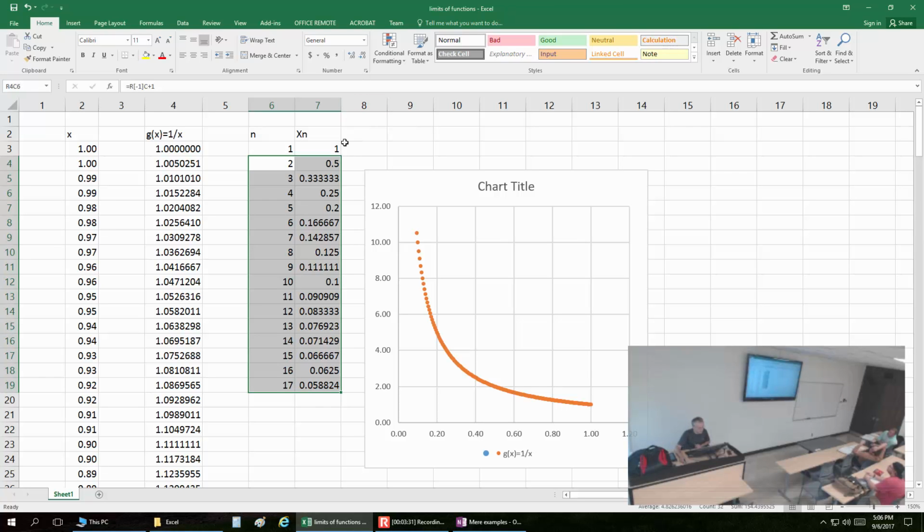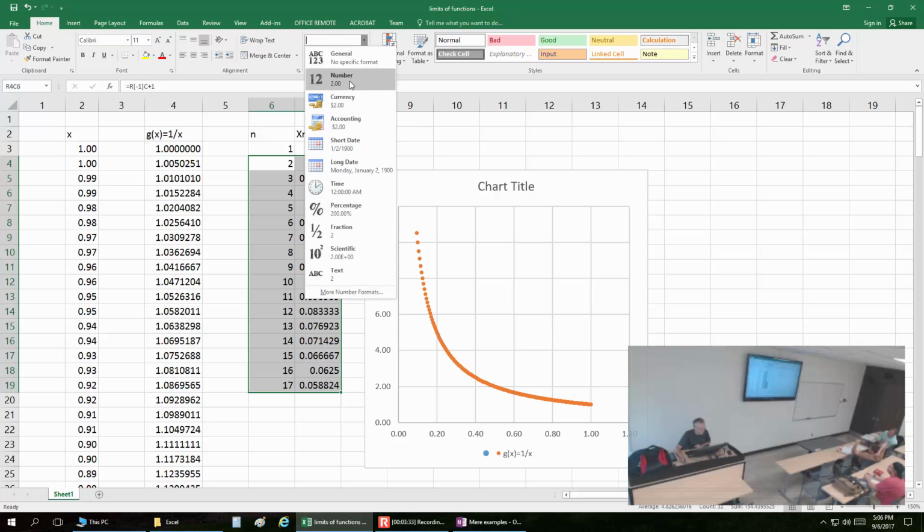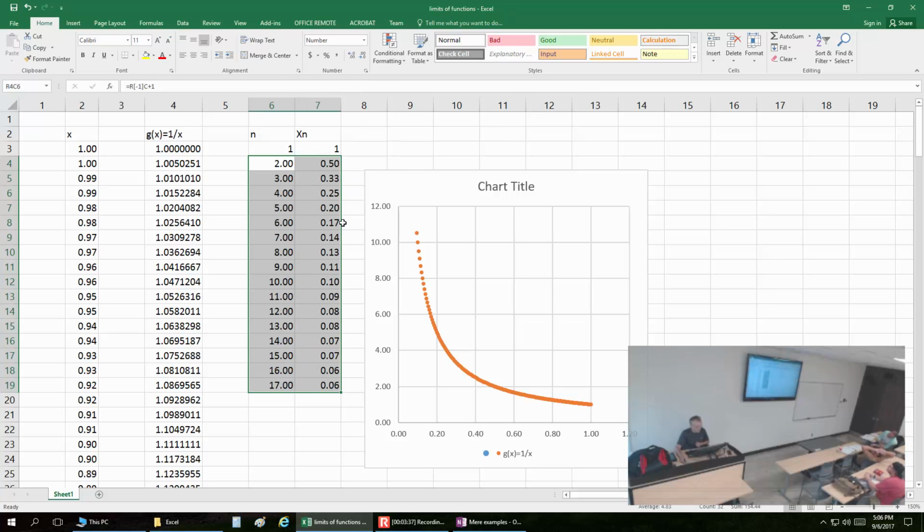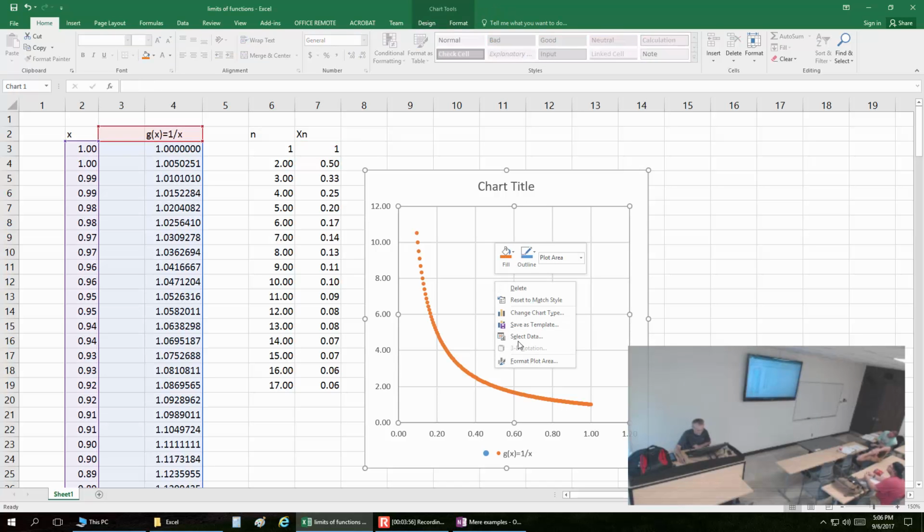So it recomputes all these points, and now what I want to do is take these. This is my sequence, the second column. This column is in fact the x's, and I want to put them on the x-axis. That is the very first step. So I add, select data.